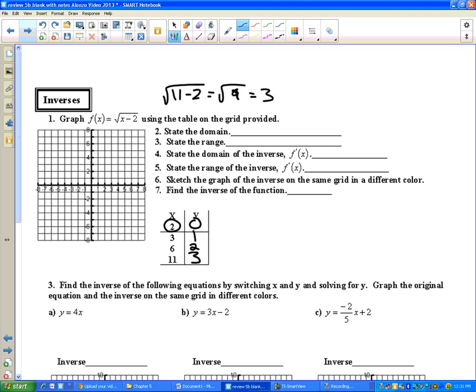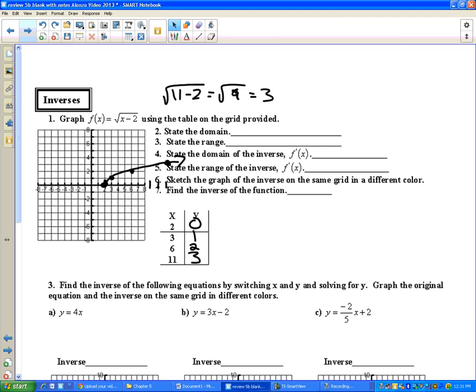Plot these 4 points. These 4 points are 2, 0, 3, 1, 6, 2, and 11, 3. Okay? There's my graph. Okay?